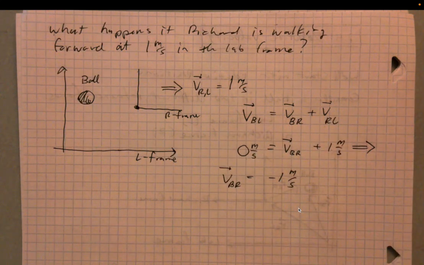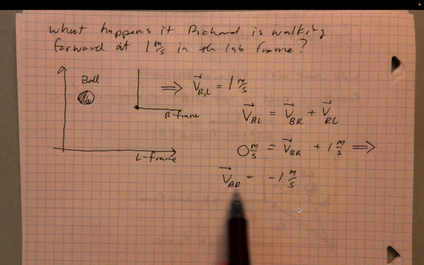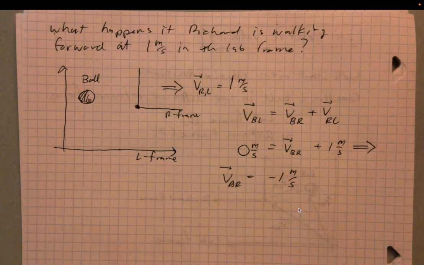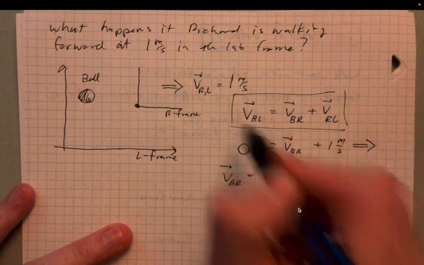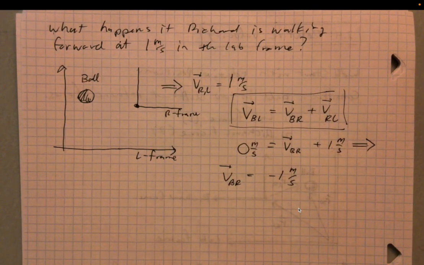And so even though the ball is stationary in the lab, from the standpoint of the Richard reference frame, the ball with respect to Richard is actually moving away from me. So this is how it all works out in the mathematics. And this expression here is really what we wanted to flesh out in this section.